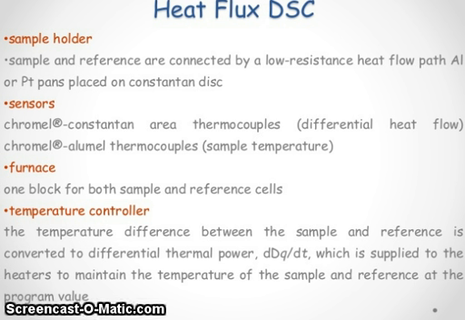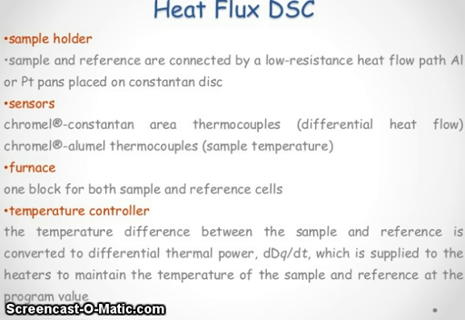Heat flux DSC. Sample and reference are connected by a low resistance heat flow path. Aluminum or platinum pans placed on a constantan disk. Sensor: chromel-constantan area thermocouple, differential heat flow and sample temperature. Furnace: one block for both sample and reference.